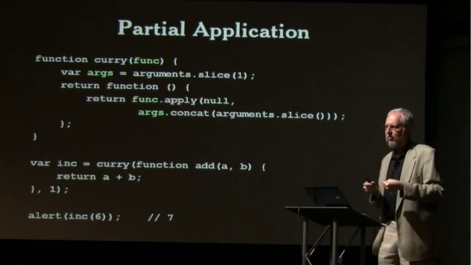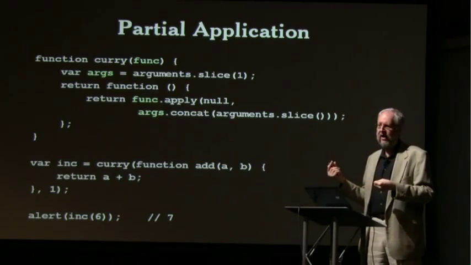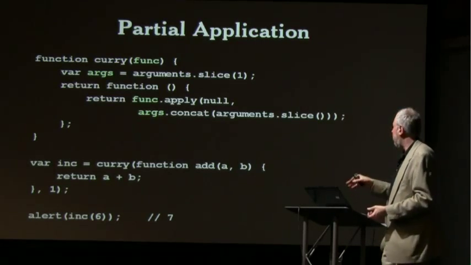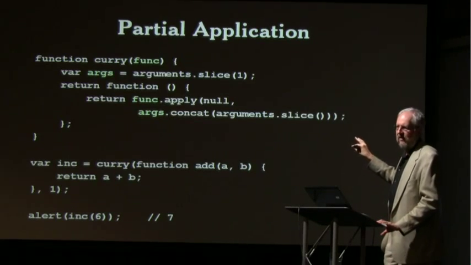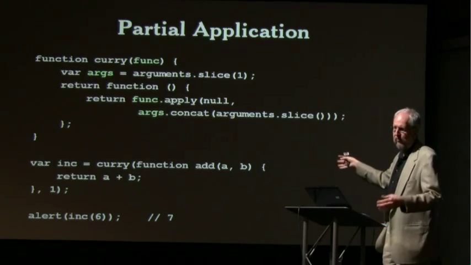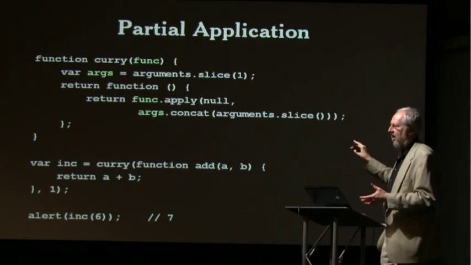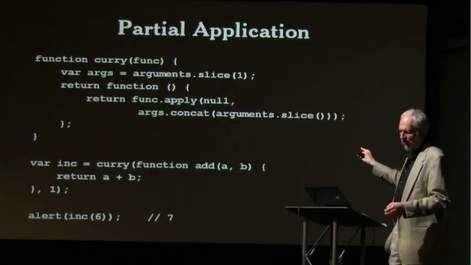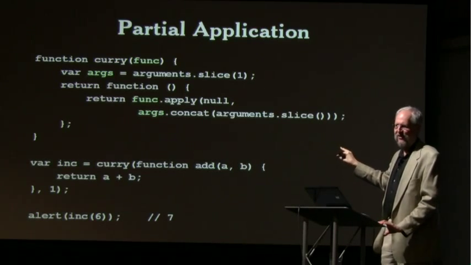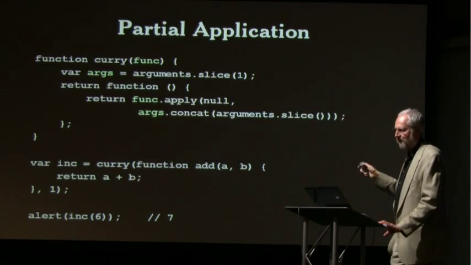So we need to turn it into a real array so that concat will do the right thing to it, and we do that by calling its slice method. So ES5 has the slice method, so slice returns an array, so that'll work. But we shouldn't have had to do that. There's still some things left to get fixed in future editions.